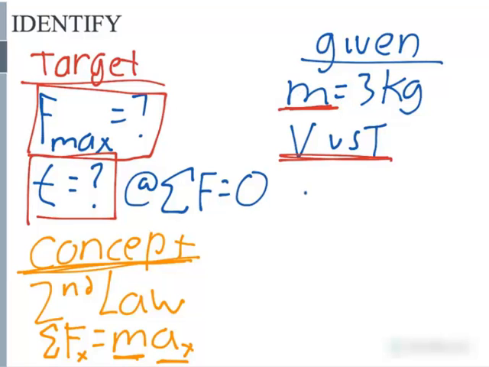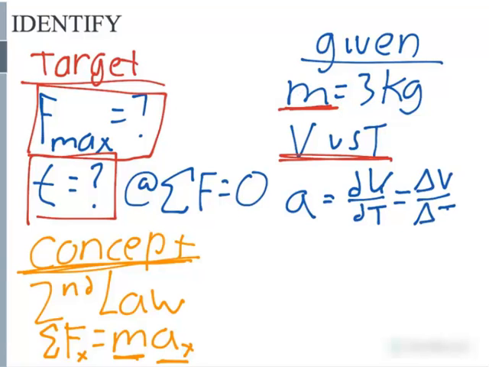If you remember, acceleration is equal to dv over dt, which is really the change in velocity over the change in time, which can also be just your simple slope of rise over run. And this is only going to be for the velocity versus time graph.